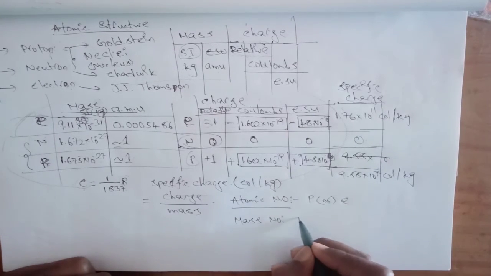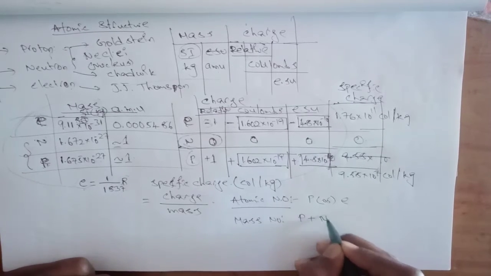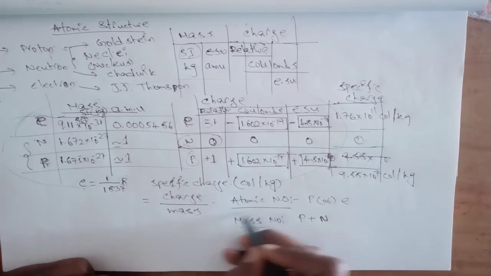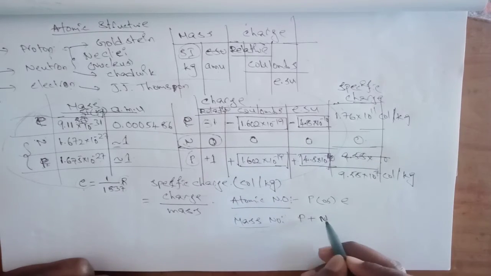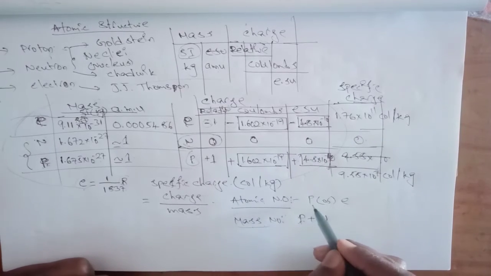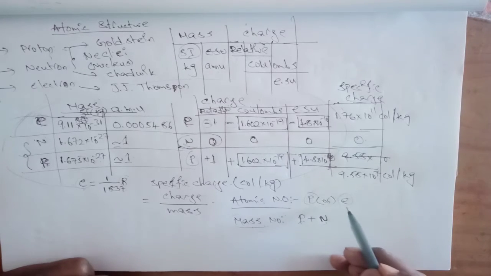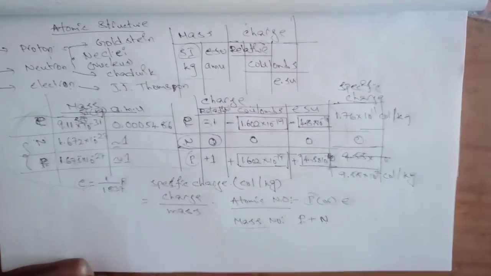And the mass number is the sum of protons and neutrons. Why? Because most of the mass exists in the nucleus. The nucleus consists of proton and neutron, so the combination of proton and neutron yields the mass number. And for the atomic number, either we can take the number of protons, or we can take the number of electrons. It is the concept.